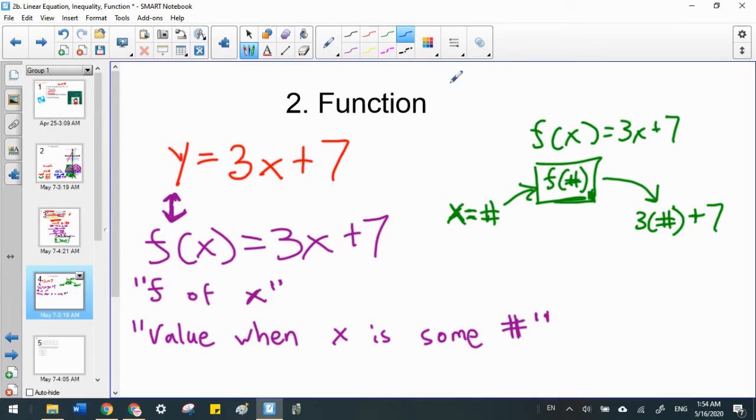And then you get to make a statement saying that f of this number is equal to whatever this value ends up being.